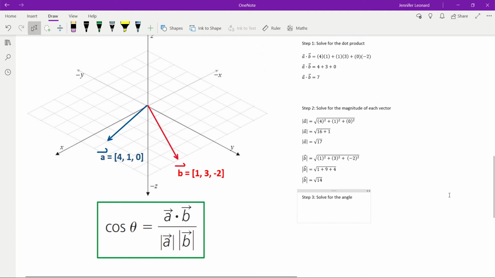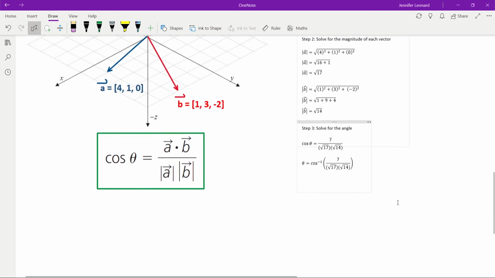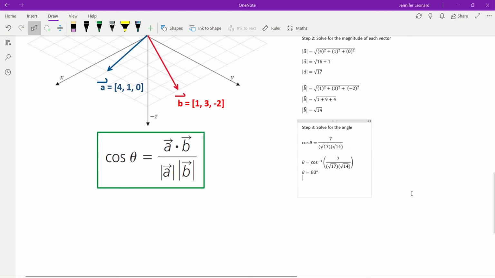We figured out the magnitude of a, which was root 17, and the magnitude of b was root 14. And this is a little bit nicer because the only thing we have to do now is take the cos inverse. We don't have to worry about dividing. Then throw everything into your calculator, make sure you're in degrees. We end up with 83.